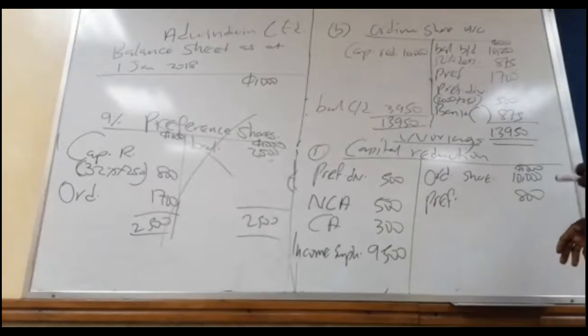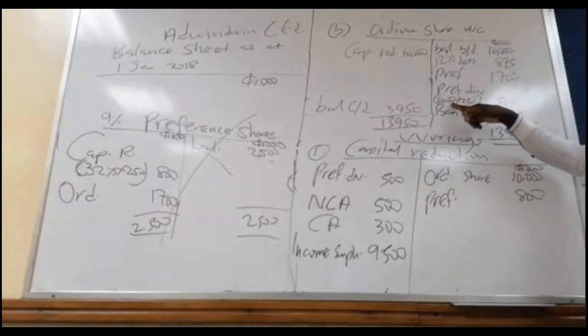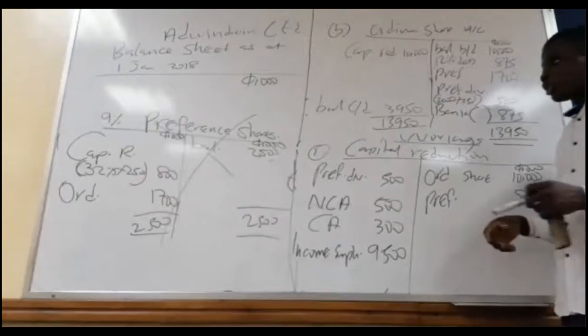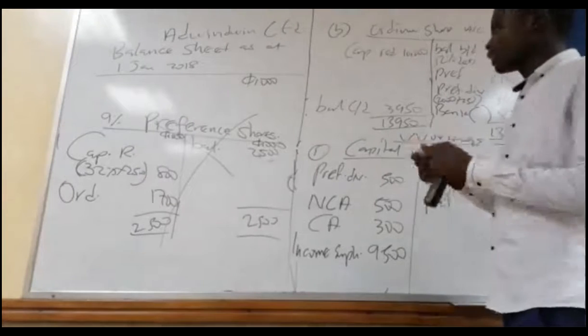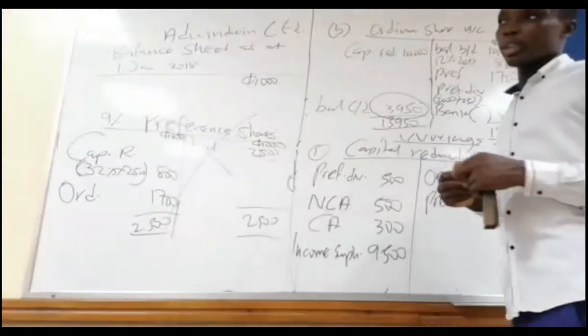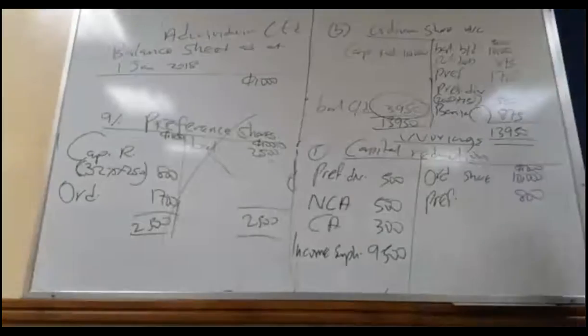Then next, it was 2,000 times 250. Good. So in the new balance sheet, if you want ordinary share, it's 3,950. That's the new balance sheet.